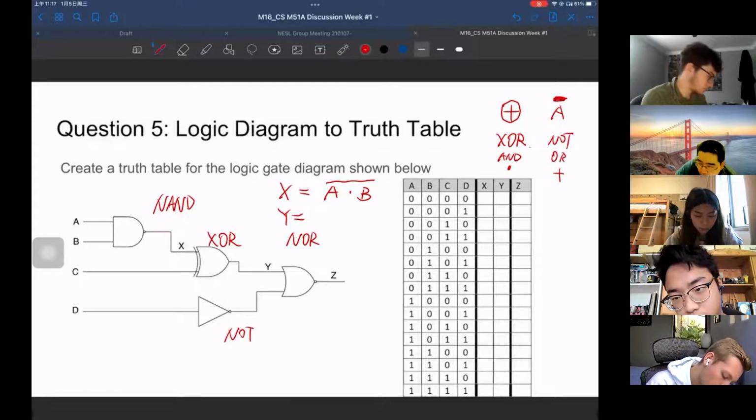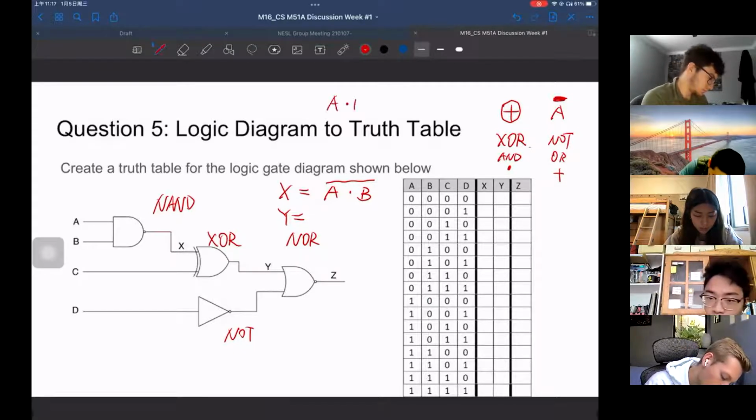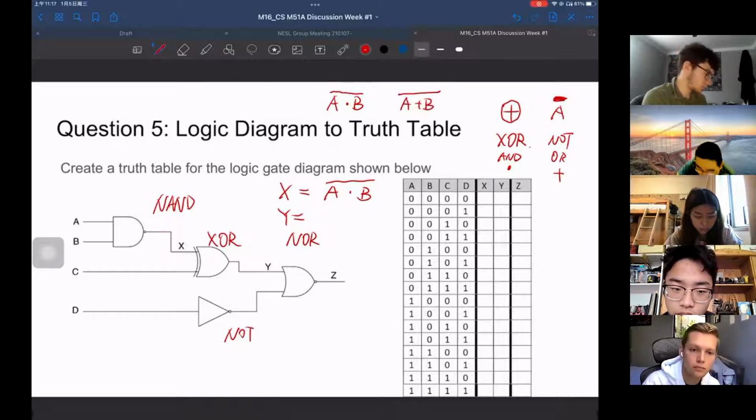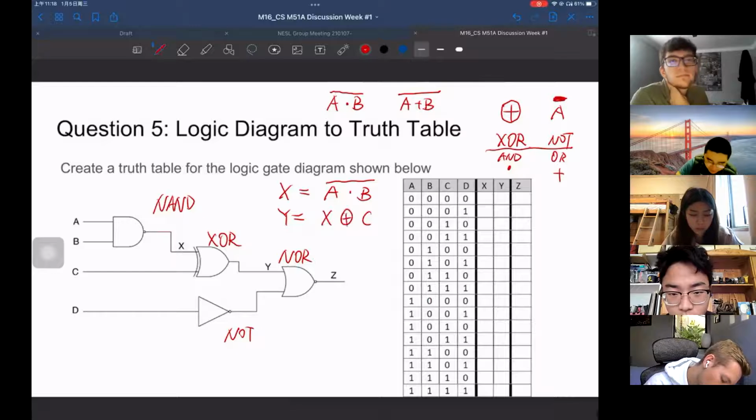NOR and NAND are just something with a bar: this is AND and this is NAND, this is OR and this is NOR. So now we have the 6 categories. So Y is actually XOR of X and C. So we put an XOR here. That makes sense?